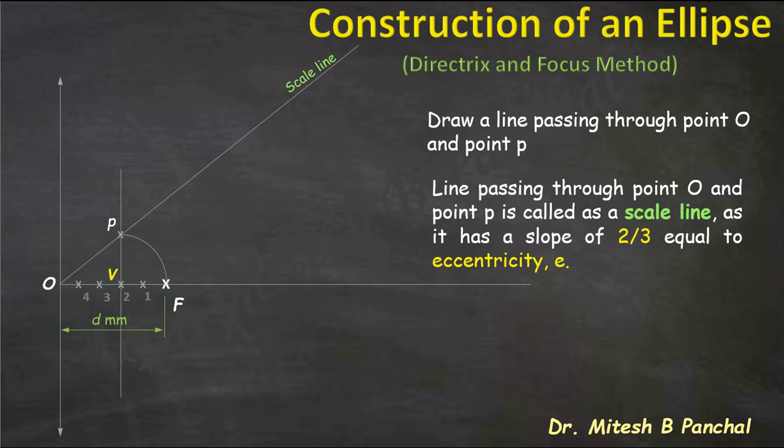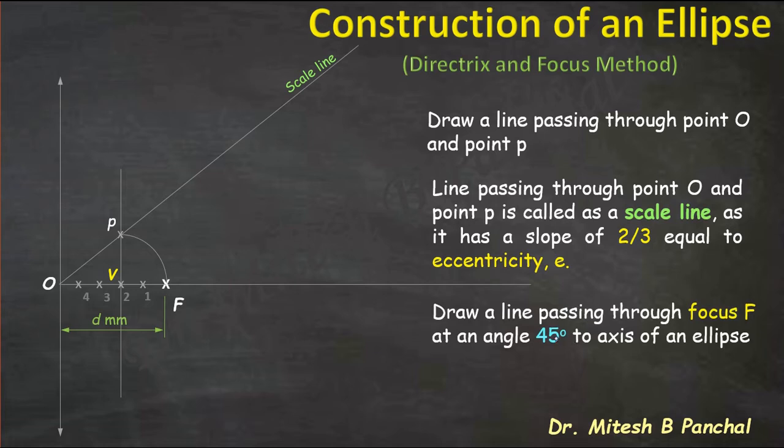Now we will move further. After completing this, as I have already told you, an ellipse has two vertex points. So one vertex point of an ellipse we have fixed at the position of point 2. Now we have to find the second vertex point. To find the second vertex point, draw a line passing through the focus F at an angle of 45 degrees to the axis of the ellipse.